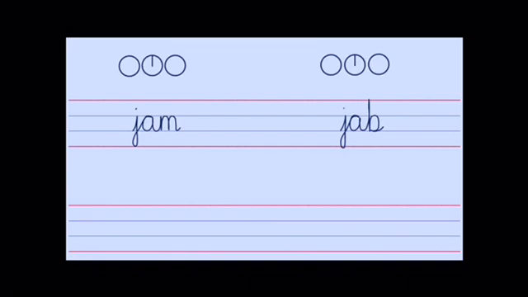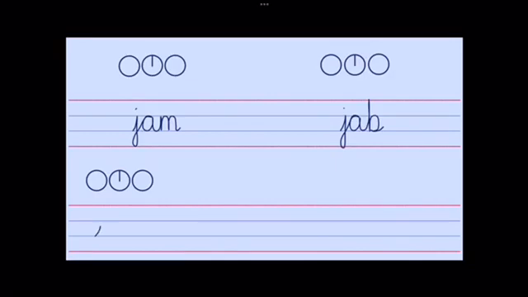And another word with a very similar meaning, some of the time, jag. J, a, g. Jag.